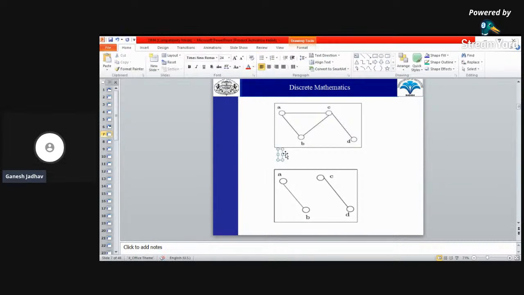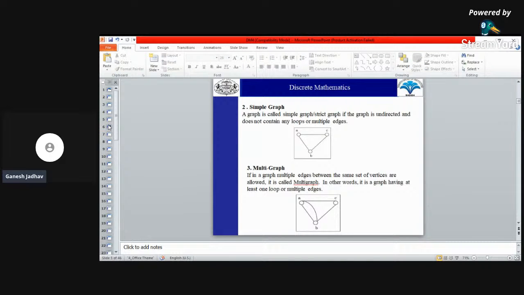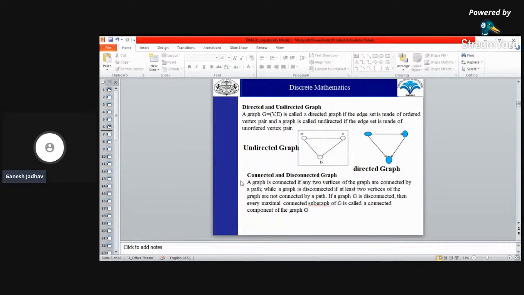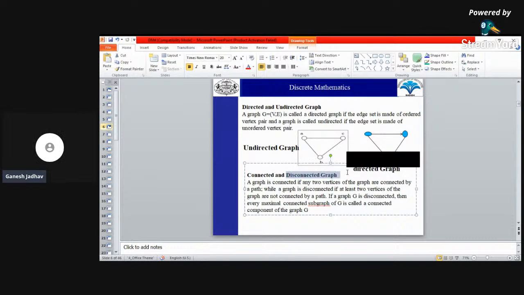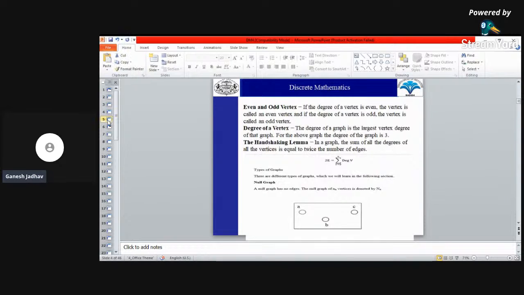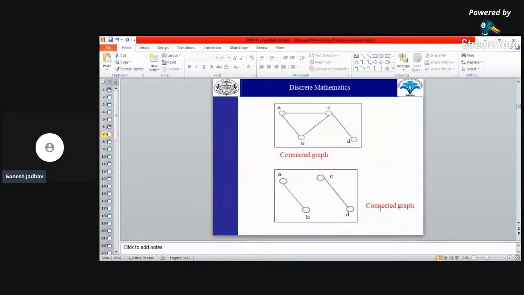So this is a connected graph, and another one is the disconnected graph. These are the types of graph.